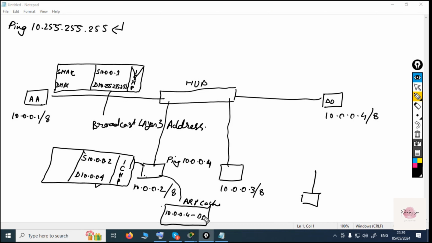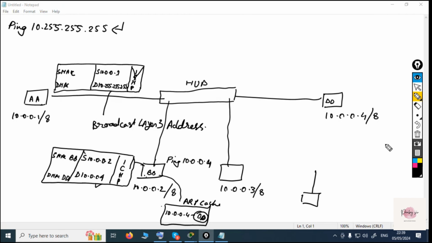If it does have the MAC address, it will pick this MAC address and copy it to the destination MAC as DD, and it will attach its own MAC, let's suppose BB, as the source MAC, and it will send the data.